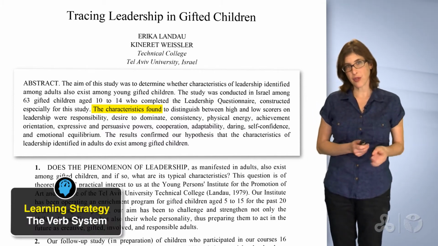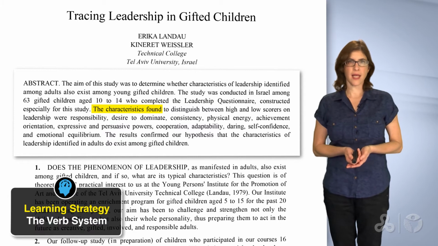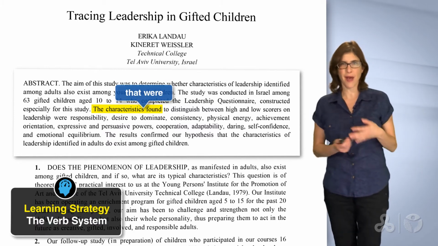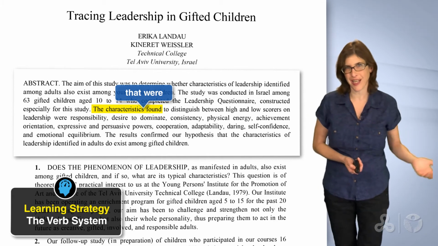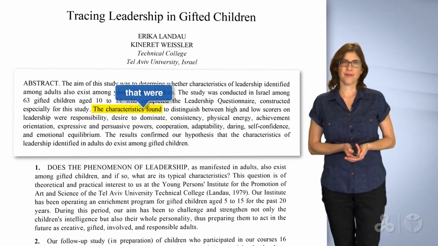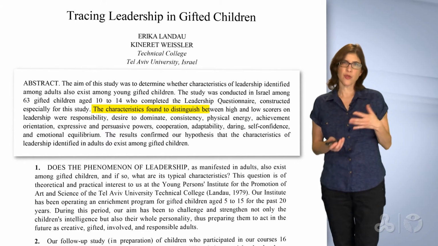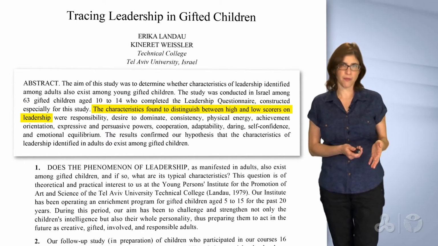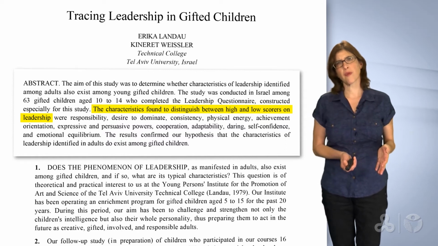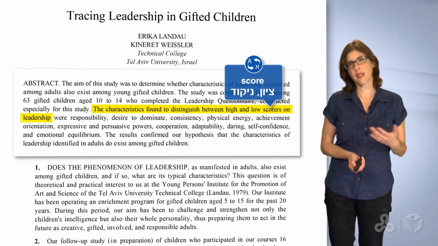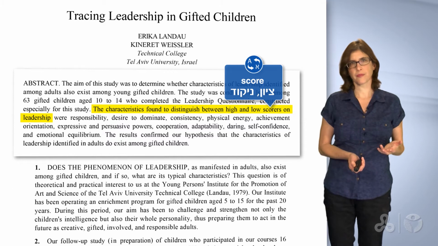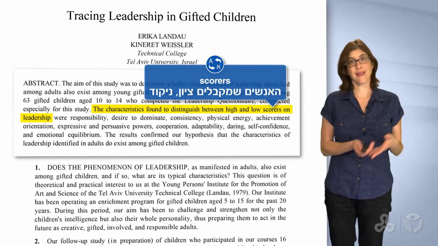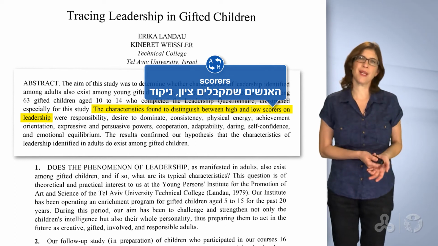It's like saying the characteristics that were found. To distinguish between high and low scores on leadership. Scores, from the word score. So scores mean the people who get the scores.